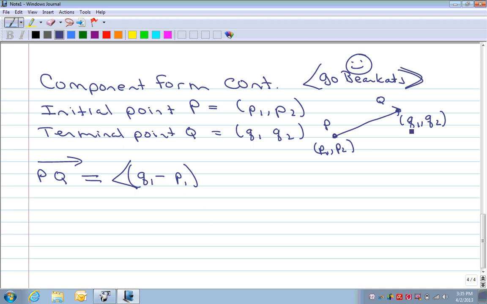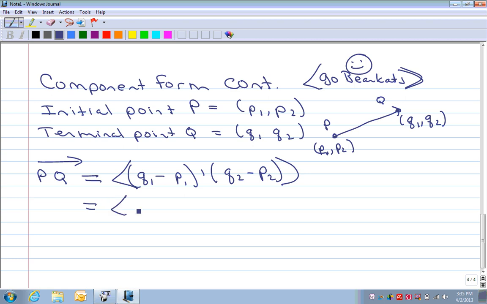I think of it more like that's your x, and you're subtracting your x values, sort of like in the distance formula, x sub 2 minus x sub 1. All right, and then we're going to have Q sub 2 minus P sub 2, which is like your y values that you're subtracting.